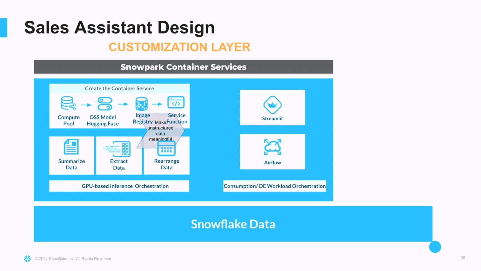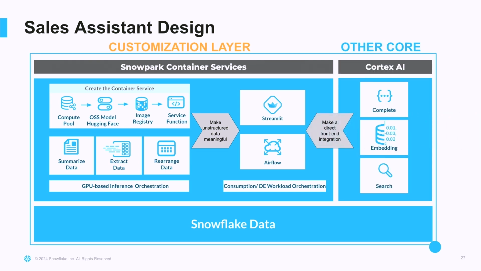So here we can see from the left-hand side, I'm using Snowpark Container Service to make all the unstructured data meaningful. And on the right-hand side, I'm using Cortex as the layer to do a direct front-end integration, to let users access the application and ask general Q&A questions, etc.